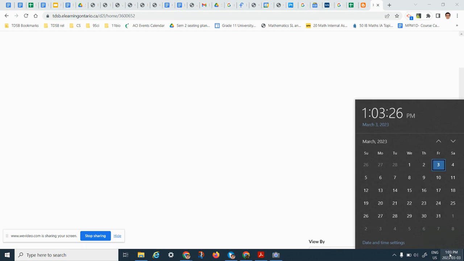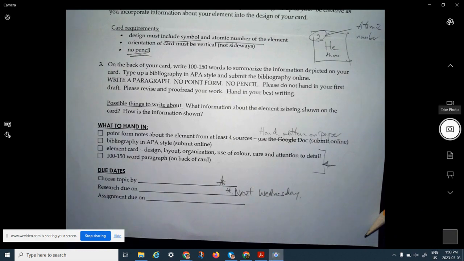Yep, but that's also when we have the science quiz. Yeah, I know. It's a quiz, not a test. And we're looking for drafts, research notes right now, and they're supposed to be point form notes.